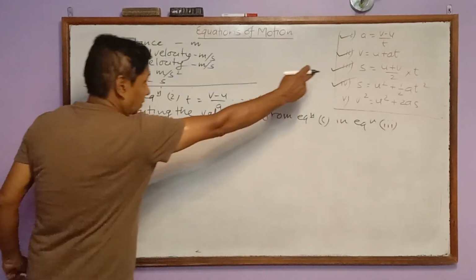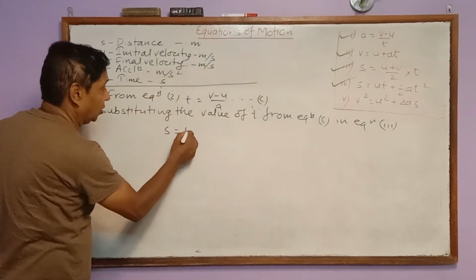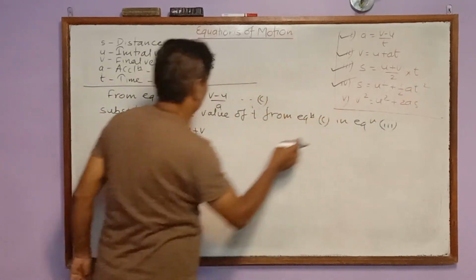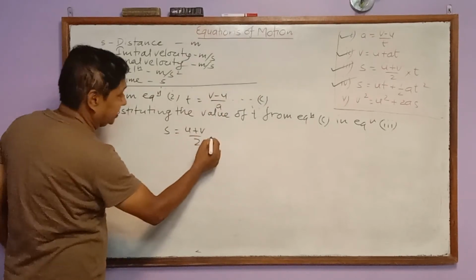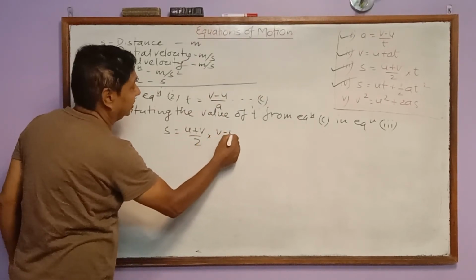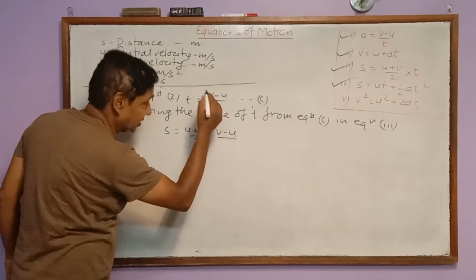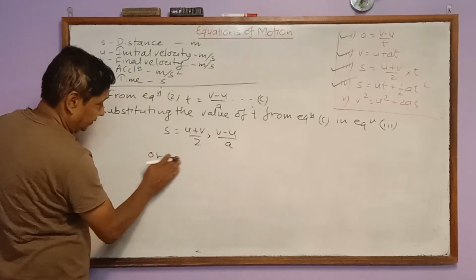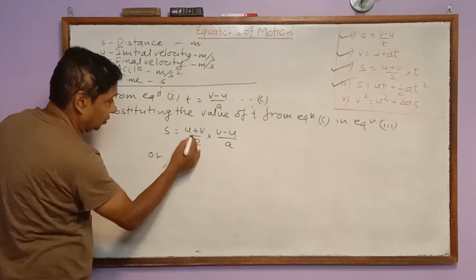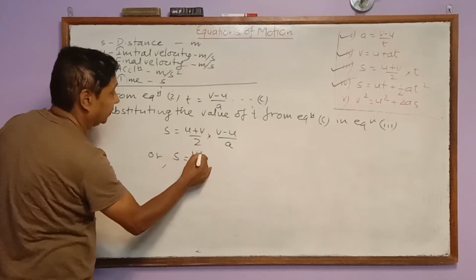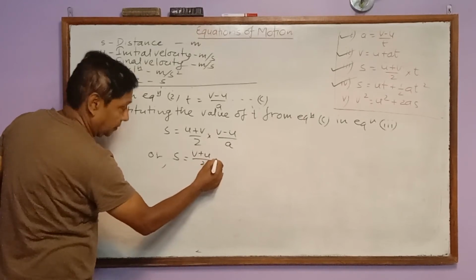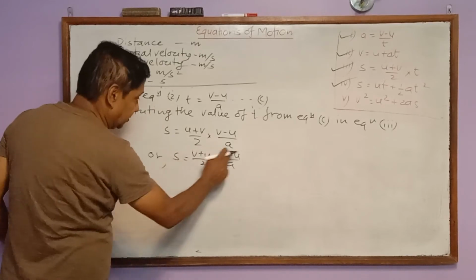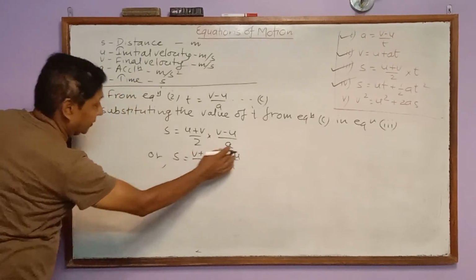Now what do we get? We have s is equal to (u plus v) by 2, the same, but in place of t we are taking (v minus u) by a. That's why (v minus u) by a comes here. Or s is equal to (u plus v), and v plus u are the same. I am writing (v plus u) by 2 into (v minus u) by a, and this is (a plus b) into (a minus b).